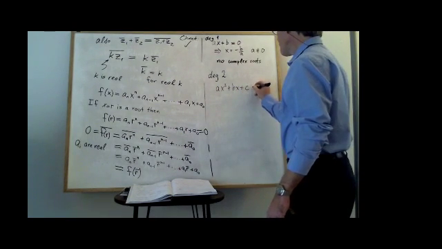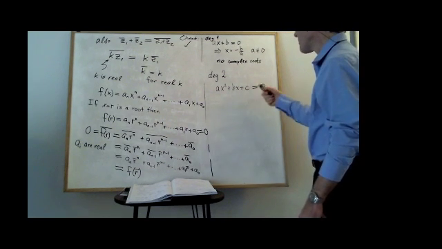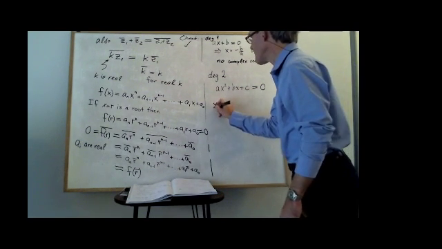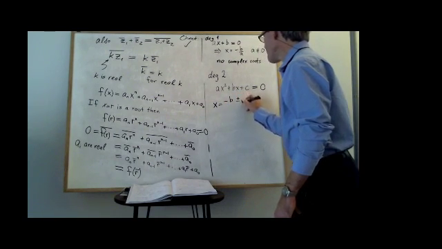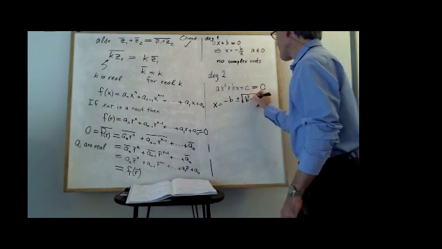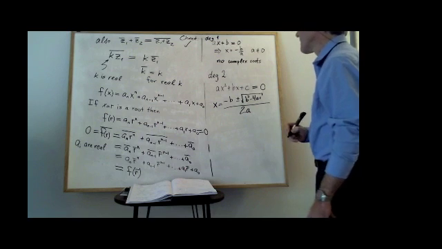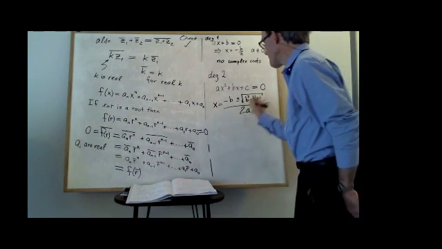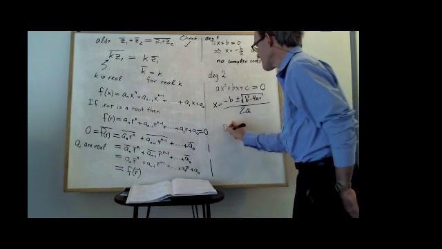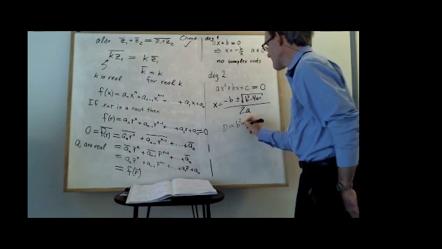You would equate this to 0, and then find that x is equal to minus b plus or minus the square root of b squared minus 4ac, over 2a. The expression under the square root is called the discriminant, capital D. So the discriminant is b squared minus 4ac.